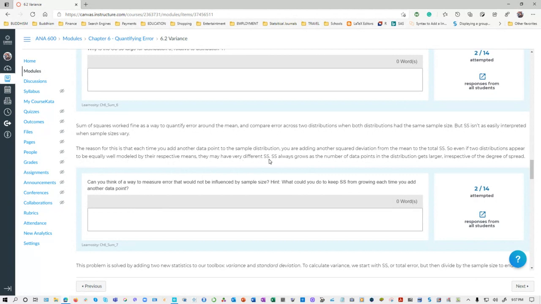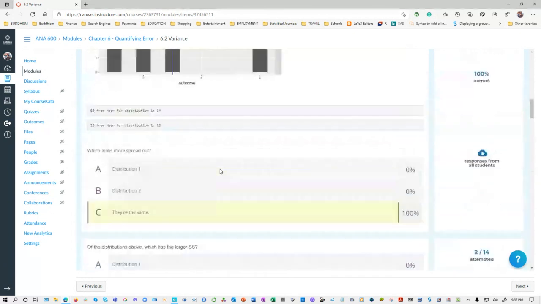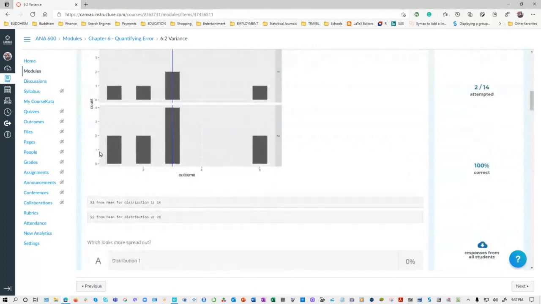very different SS. SS always grows as the number of data points in the distribution gets larger, irrespective of the degree of spread. See? We know that because with the larger number of data points, the sum of squared residual, SSR, SSD or SSE, gets larger and larger. See? But the spread looks the same.